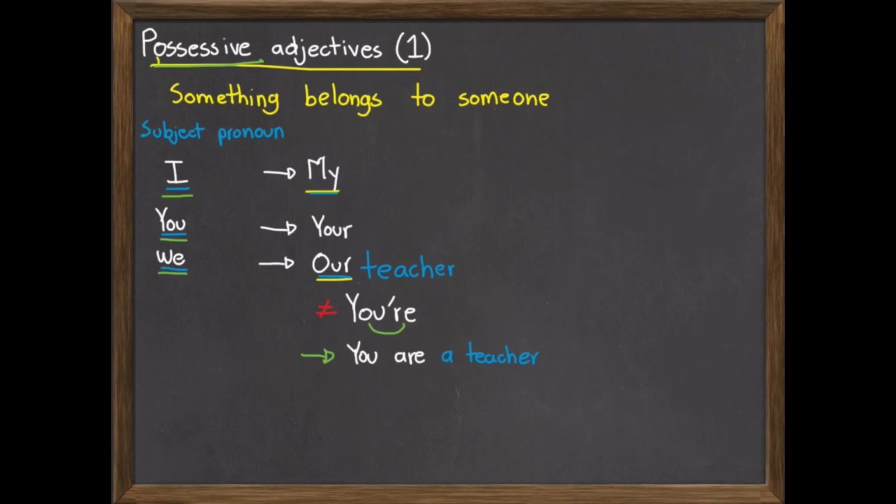It is important to know that after a subject pronoun goes a verb, an action. I am, for example, that's a verb. But after a possessive adjective goes a noun. For example, teacher. This is a verb and this is a noun.